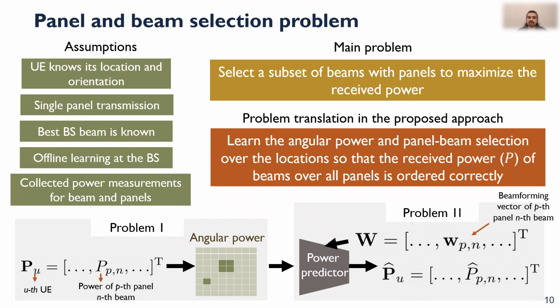The second stage is, for a given angular power and the antenna heterogeneity, how to obtain the receive powers back from the angular power. This part should be analytical, so that for a given orientation, a given codebook, and a given angular power for an environment, we can obtain the receive powers directly.